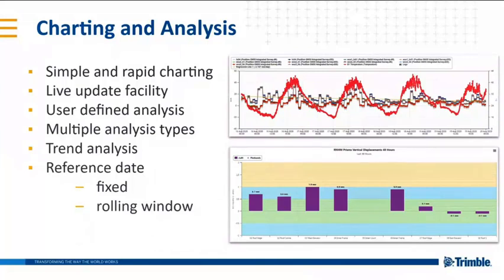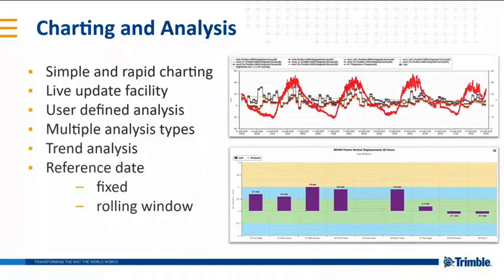You can create all kinds of analysis by combining data from different sensor types, and there are a lot of different analysis types available, like a regular chart, a tabular view, or a bar chart as visualized here on the slide.